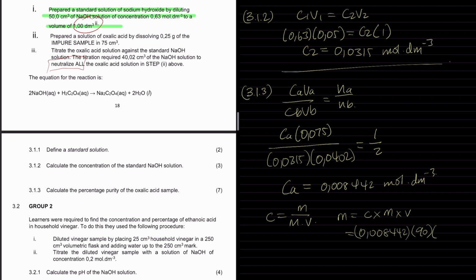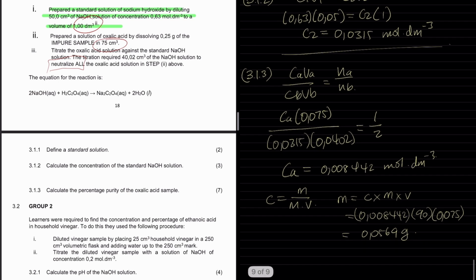And the volume that this is in, now remember the oxalic acid, they told us that it was 75 cm cubed. So that's 0.075. Now that will give us a mass of 0.0569 grams. So this is the amount of oxalic acid that was pure in that impure sample.